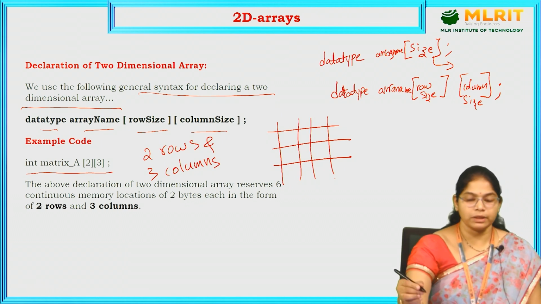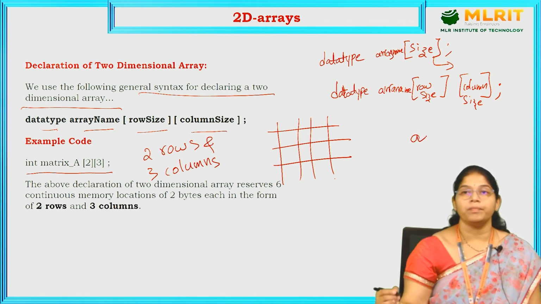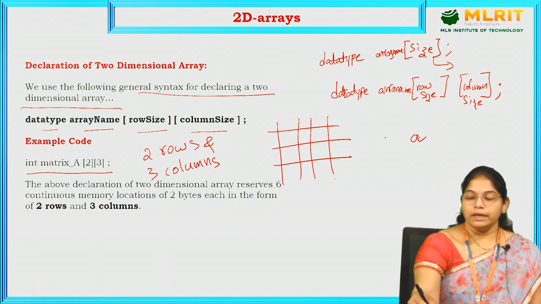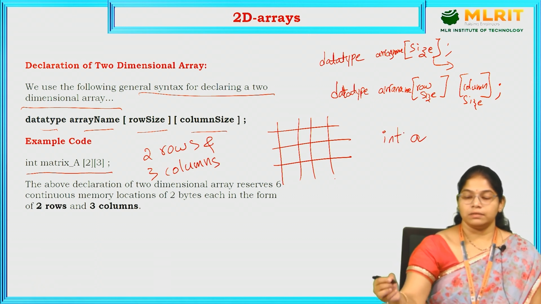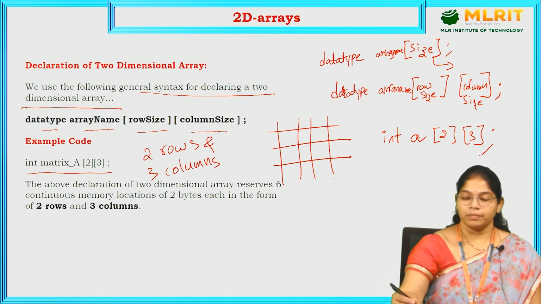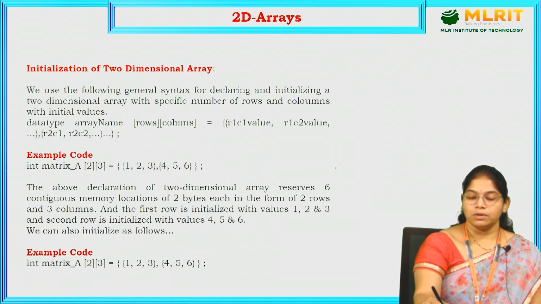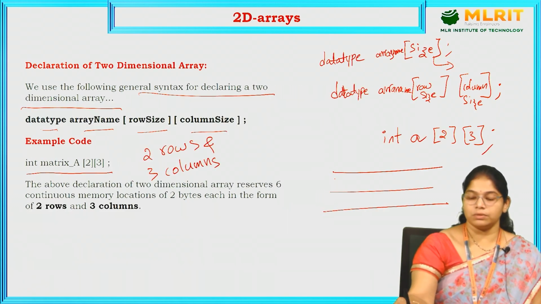We'll go with the same example. Let us suppose the array name is A and the array data type is integer. I want 2 rows and 3 columns. These are the rows, these are the columns.